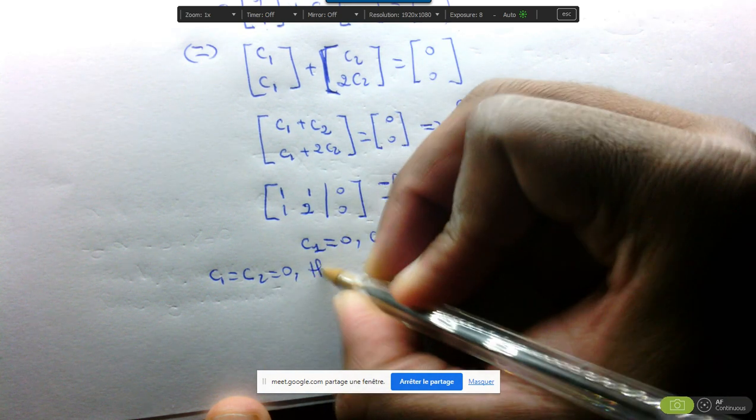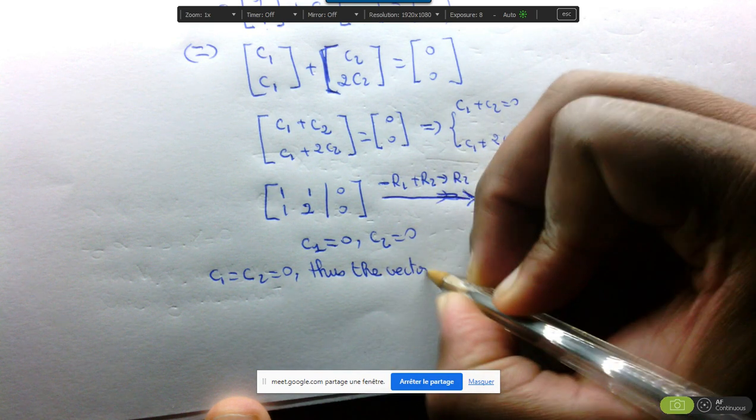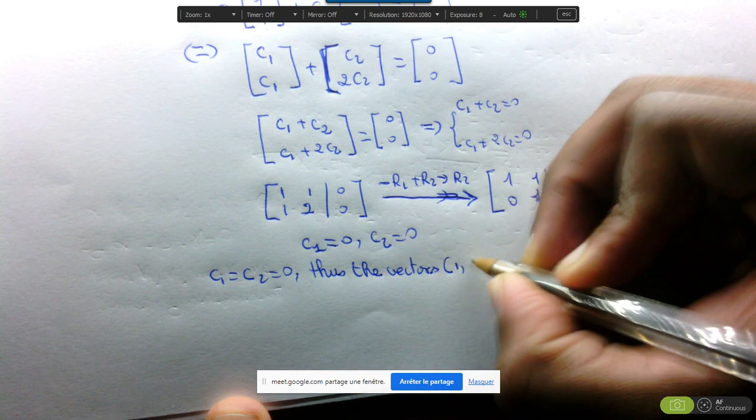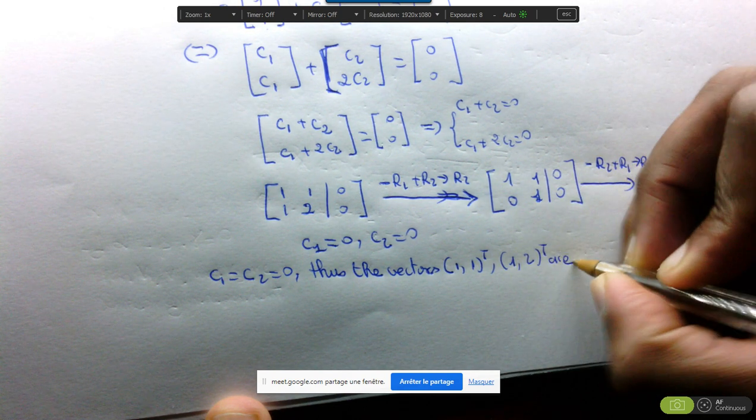Thus, the vectors [1, 1] transpose and [1, 2] transpose are linearly independent.